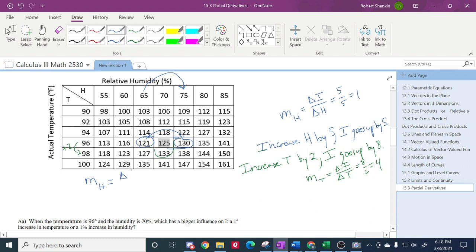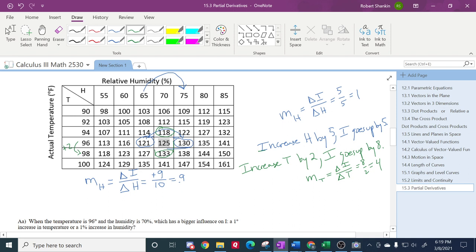It's change in I over the change in H. And I changes by 9, while the H was going up by 10. So it gives us almost the same thing, 0.9. And notice you don't even use this piece of data, what the actual I is at 96 degrees and 70%, you never even use.